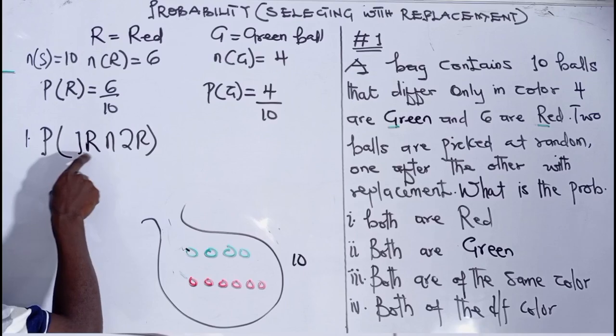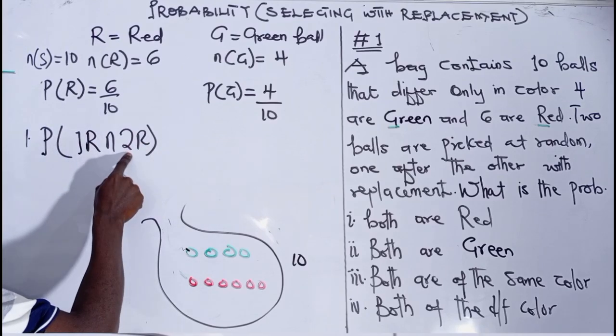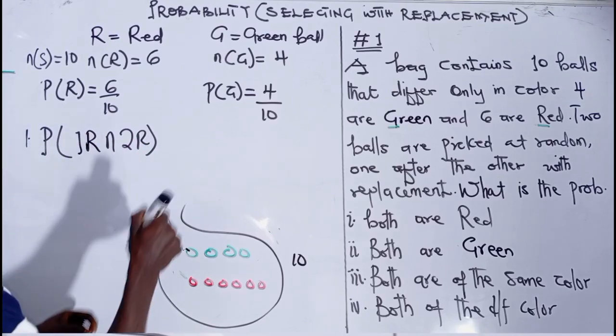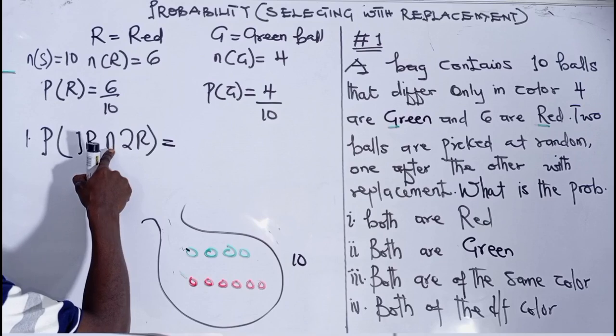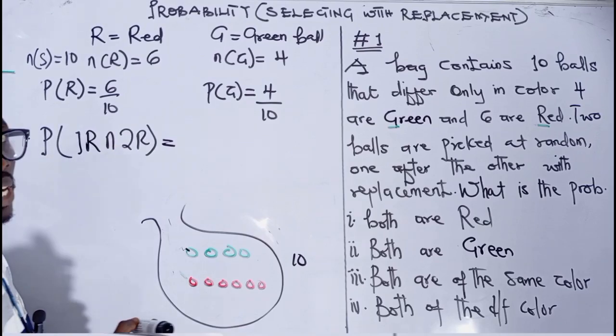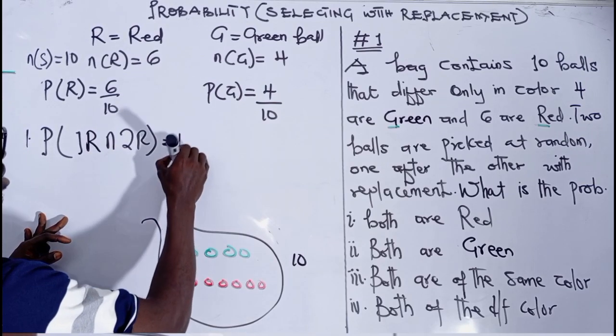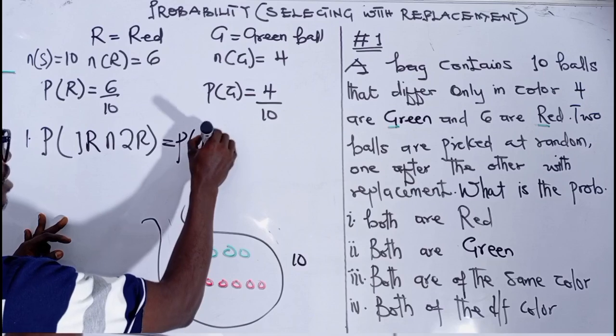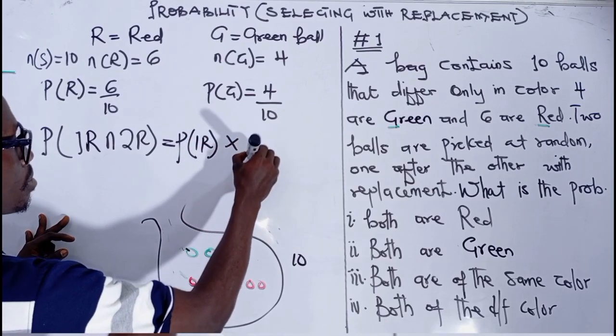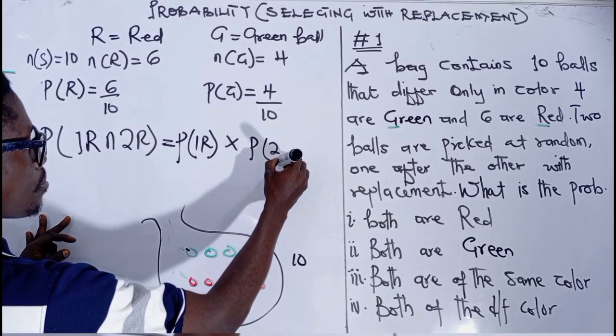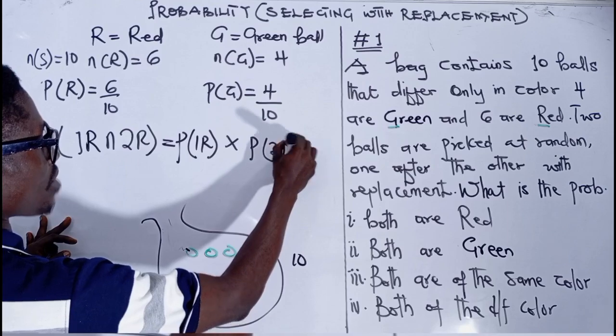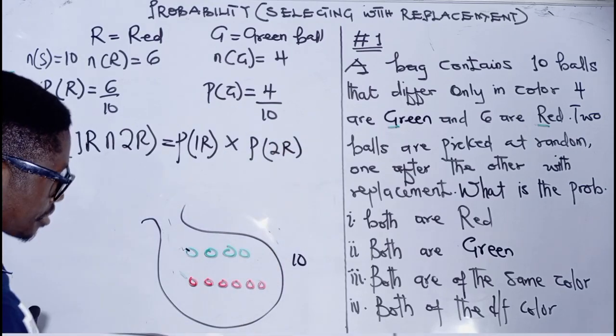The first pick we had a red and on the second pick too we have a red. Since we are having the intersection, we are going to apply the multiplication law. So we are going to have the probability that the first pick is red multiplied by the probability that on the second pick too we are having a red color.